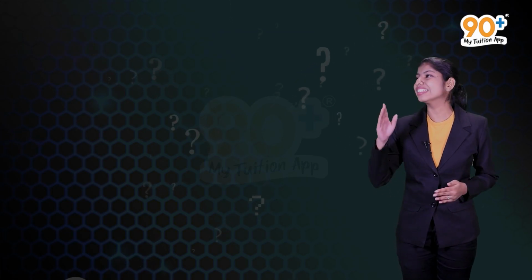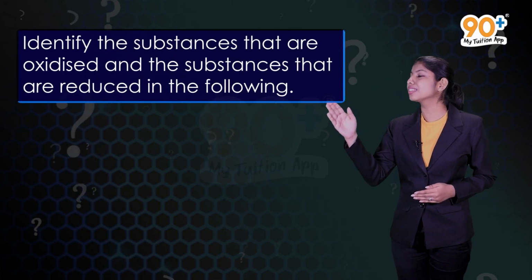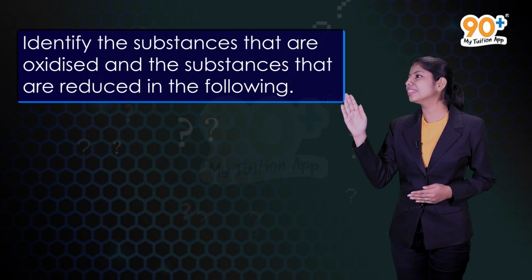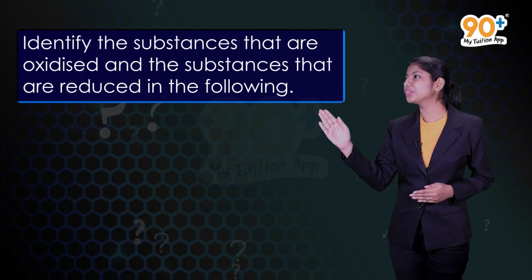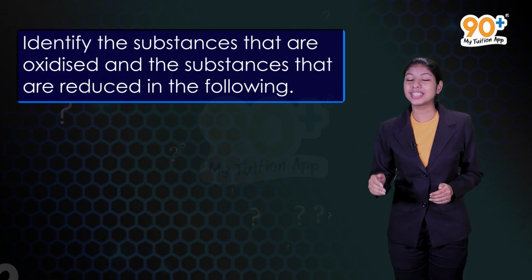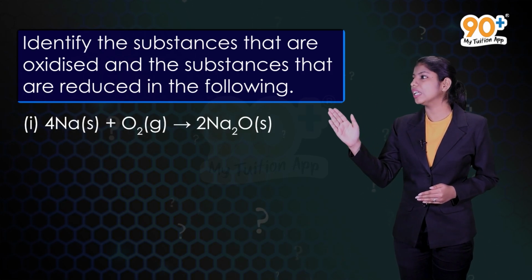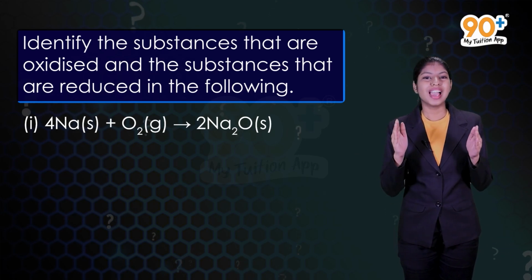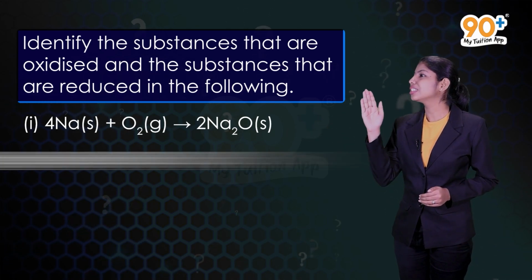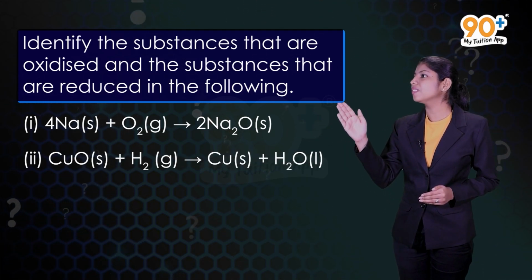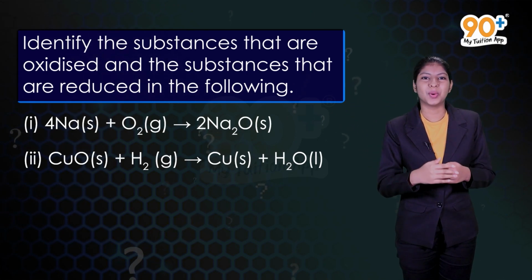Next question is, identify the substances that are oxidized and the substances that are reduced in the following reactions. First reaction is 4Na plus O2 gives 2Na2O, and the second reaction is CuO plus H2 gives Cu plus H2O.